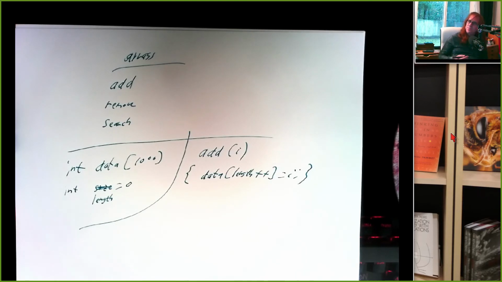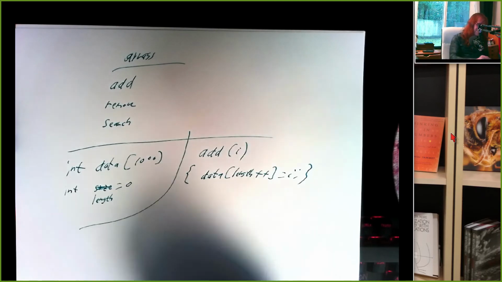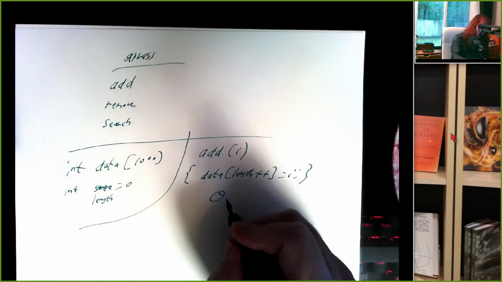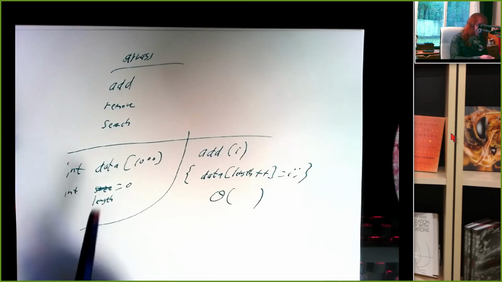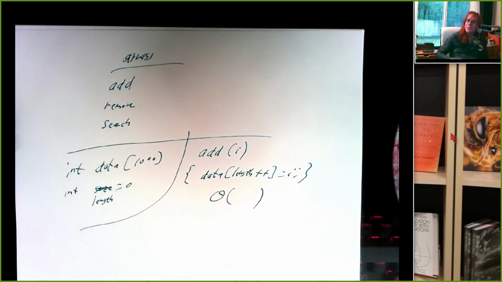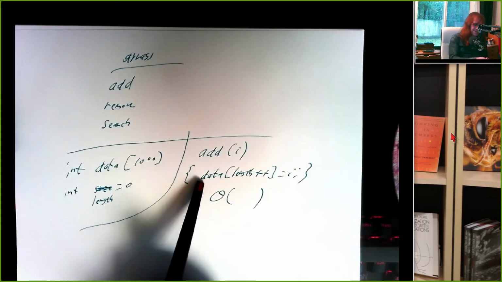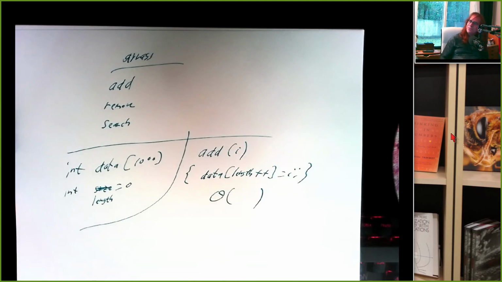So take a shot at telling me what's the order of complexity of this add function. In other words, if I rewrote my code and said, okay, my array can now store 1,000,000 things instead of 1,000, so it's a 1,000 times larger data array, does this statement take any longer to execute?